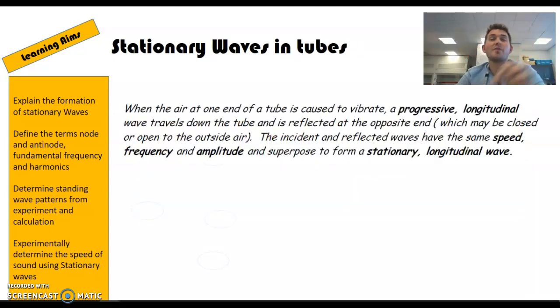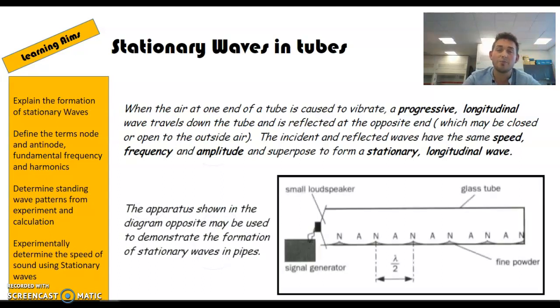Now, stationary waves also form in tubes. That's a really awkward thing to try and get your head around, because we think about them like that, but longitudinal waves also form stationary waves. So imagine a wave is propagating in the air down a tube, it hits that end barrier, and then it starts to come back as a reflected sound.